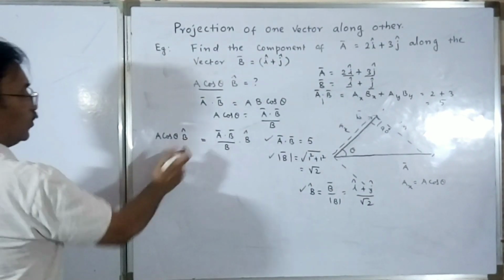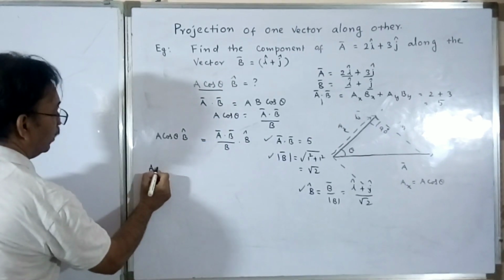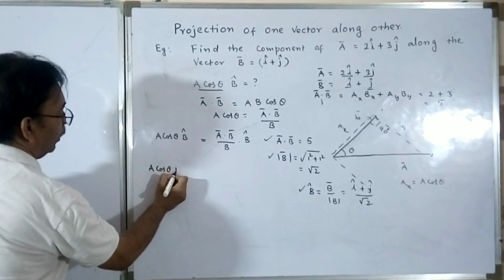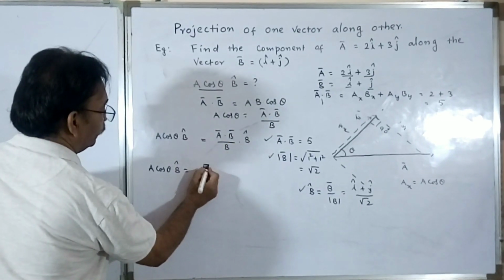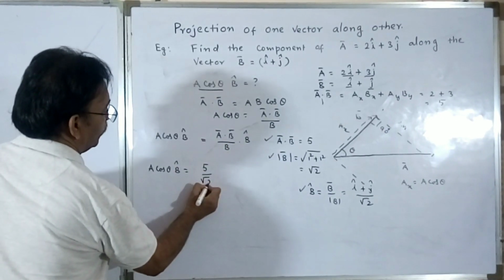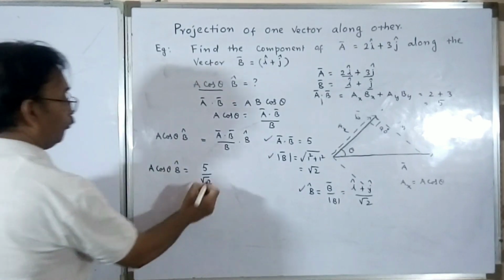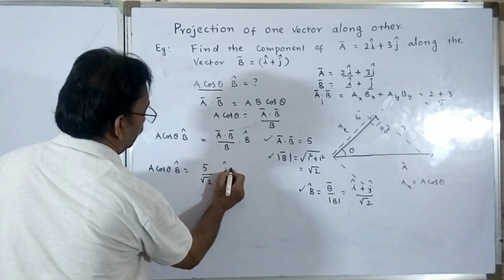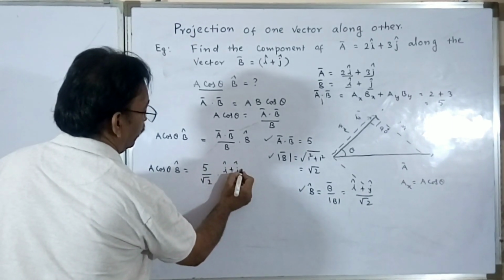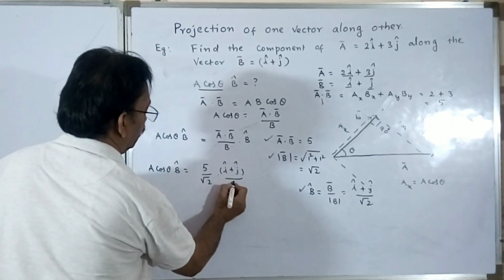Just insert those values, and what do we get? A cos theta B cap is equal to A bar dot B bar, which is 5 by root 2, multiplied with B cap, which is i cap plus j cap upon root 2.